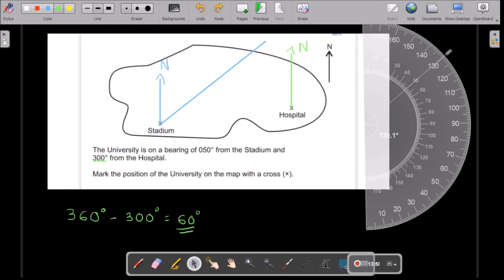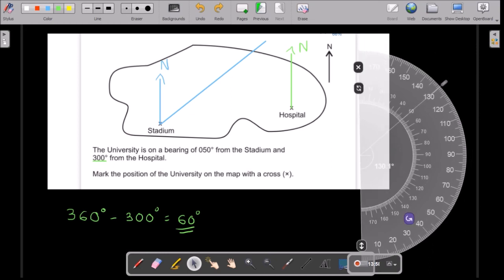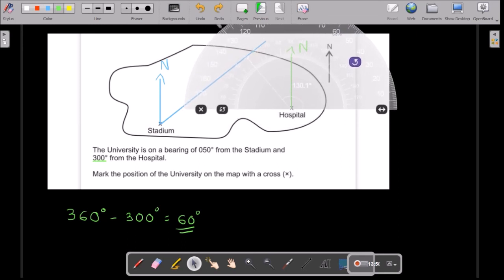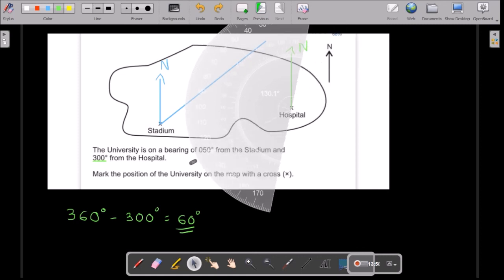Okay, so let me get to my protractor. Didn't mean to move the question. So instead of drawing it clockwise from the north, I'm going to go anti-clockwise, which is this way.